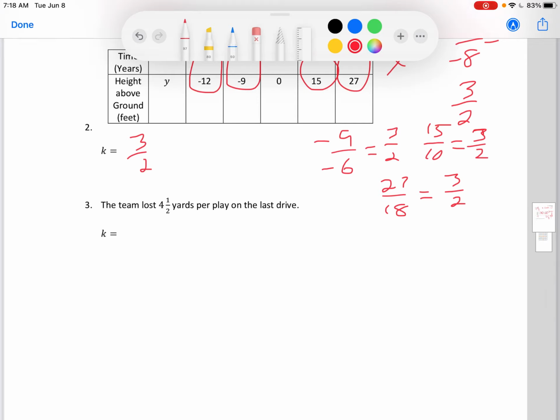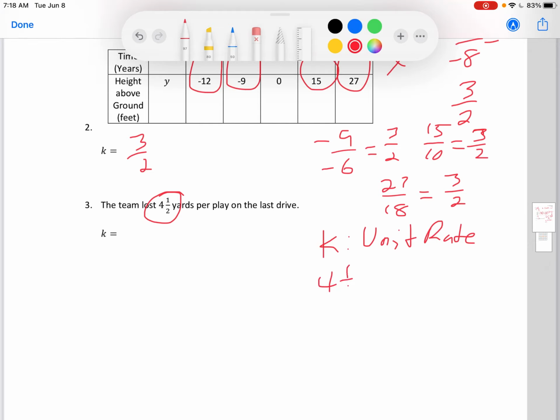Now, the team lost 4.5 yards per play on the last drive. Well, k is the unit rate. The unit rate in this case is 4.5, but we don't want to use 4.5 because k should always be a fraction, not a mixed number. When you're answering a question, you want to use a mixed number. But when you're finding k, you want it to be a fraction.